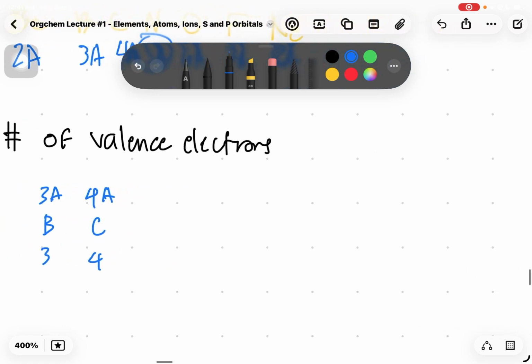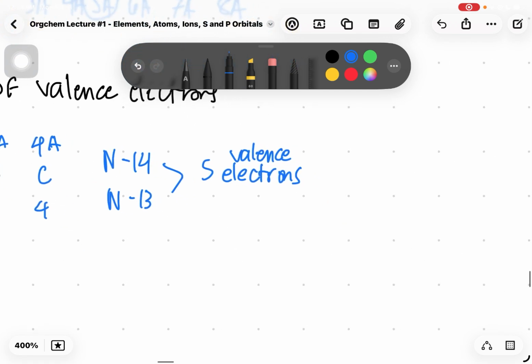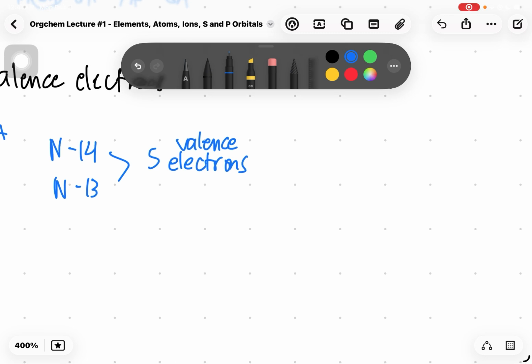So for our nitrogens, both N14 and N13, we would have 5 valence electrons, ready to undergo bonding. This is how you would draw that in a Lewis dot structure. And nitrogen commonly forms 3 bonds in organic structures.